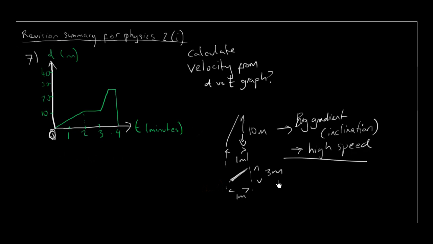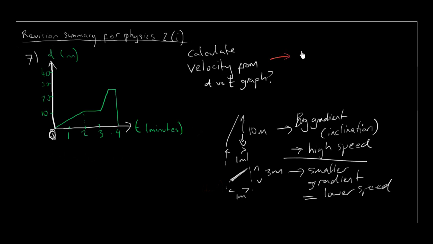Here we don't care so much about direction. Here we have a less steep one, so that's less distance in the same amount of time, so it's a smaller gradient, and that is equal to a lower speed. Okay, so in other words, how do we calculate the velocity from a distance time graph?